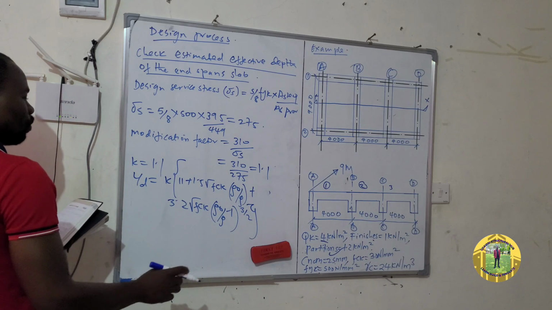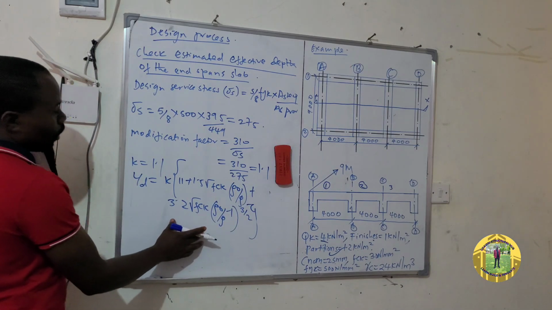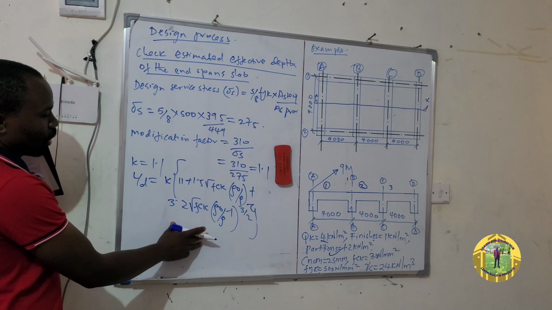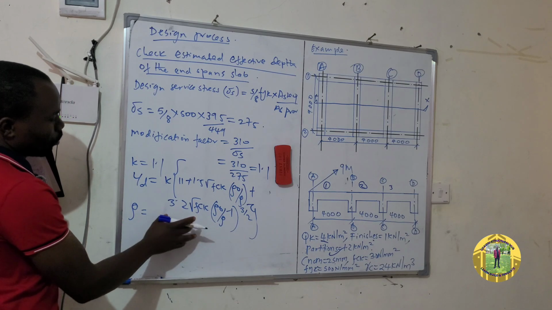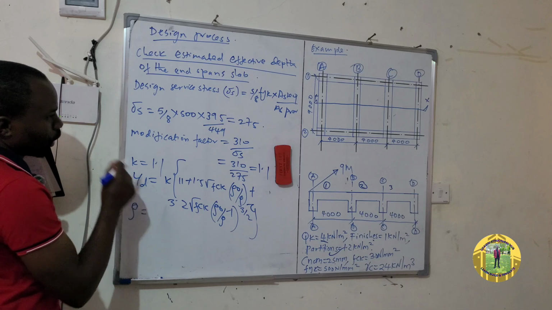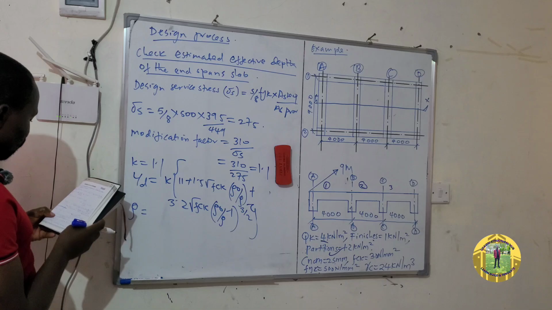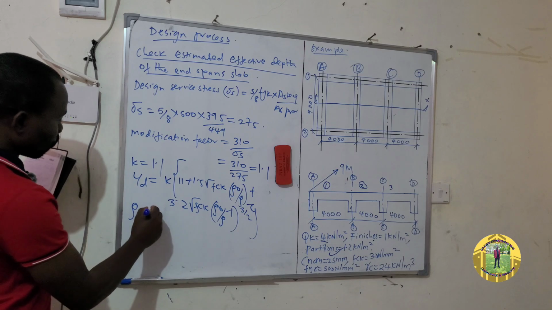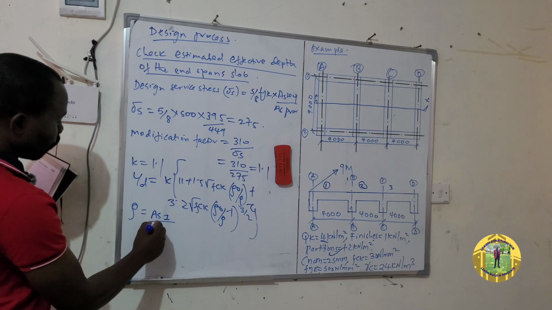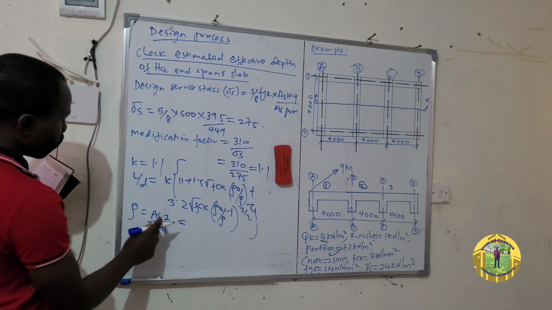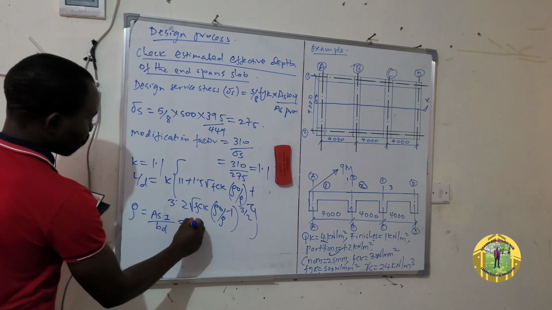So this is the formula for basic ratio. We will define the terms in this formula and we will begin by the reinforcement ratio. For this time, we will not estimate the reinforcement ratio because we already have the area of steel required. So this one is given by this formula. Area of steel all over BD. So area of steel will be 395.